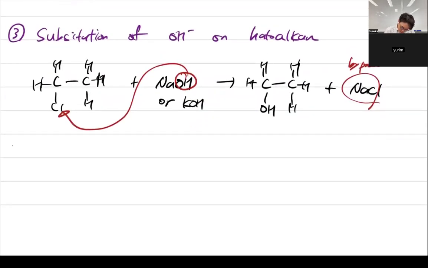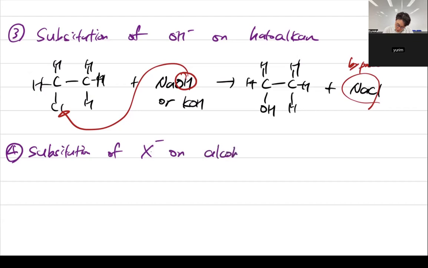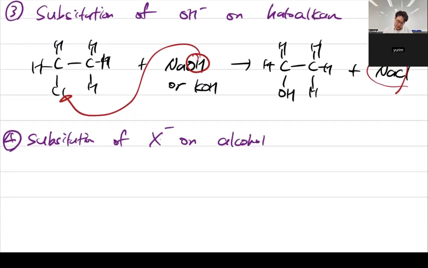Okay, so moving on to number 4, substitution of the X minus on the alcohol. So if you want to go backwards, for example, assume that we have ethanol again, here like this.